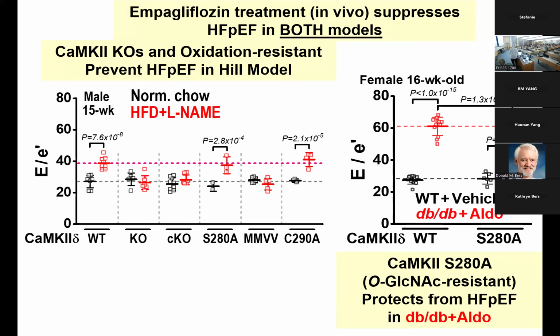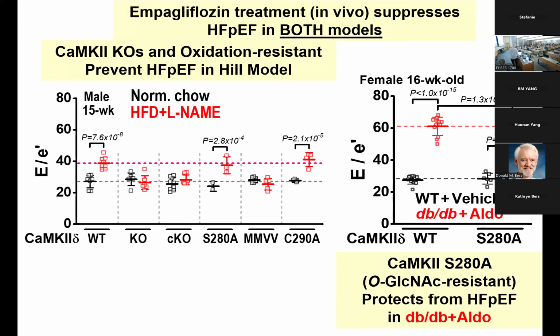In the db/db-ALDO mice, you can see here the degree of diastolic dysfunction is either almost on the same scale here. You can see it's much more dramatic in the db/db-ALDO model. But if we do that in the S280 non-glycosylated, it almost completely preserves function, so they don't develop it. This is the hyperglycemia, and we showed all the acute effects and chronic effects of hyperglycemia that are invoking this particular site.